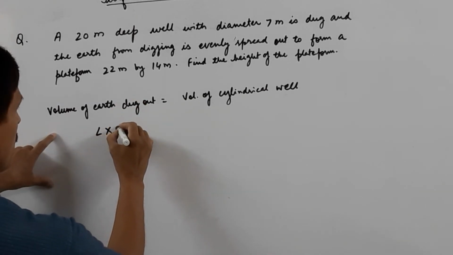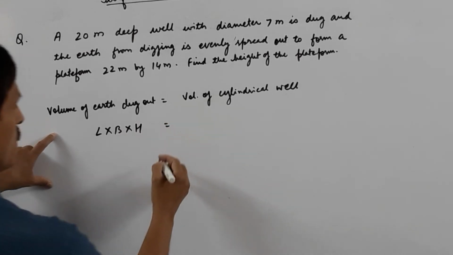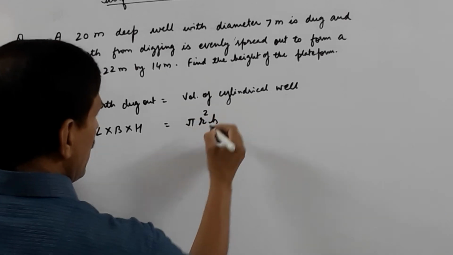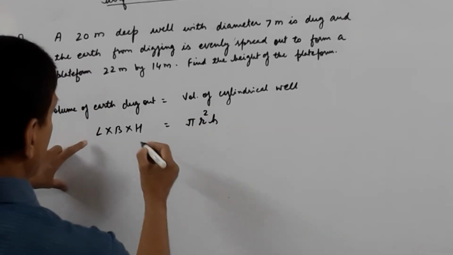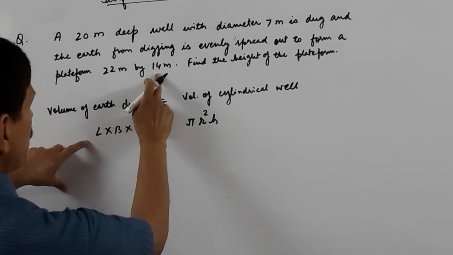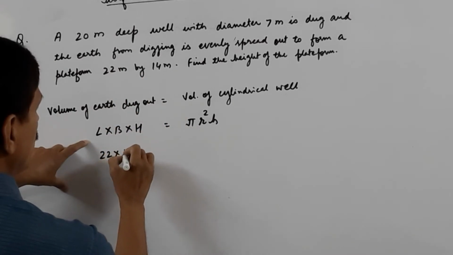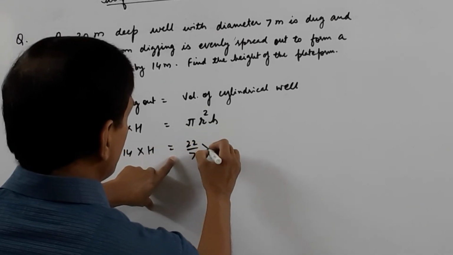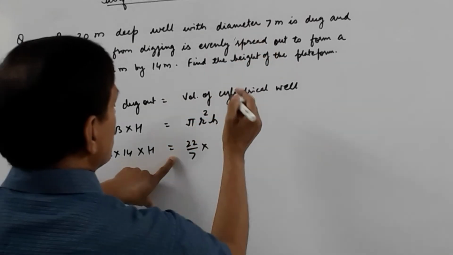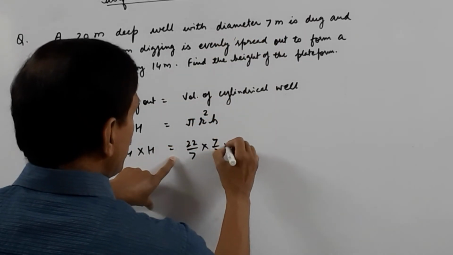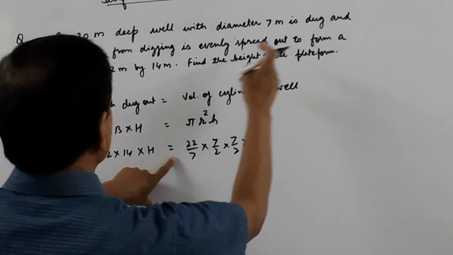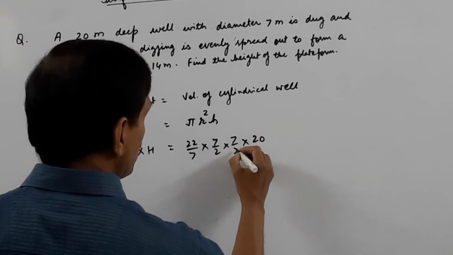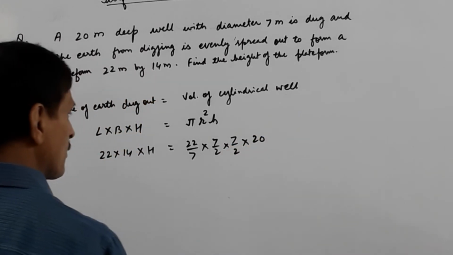As the earth dug out is spread evenly to make a cuboidal platform, its volume is L into B into H, equal to the volume of the cylinder, which is pi r square h. Length and breadth are given, 22 into 14 into H is equal to pi, which is 22 by 7, radius is 7 by 2 because diameter is 7, so 7 by 2 into 7 by 2 into height, which is 20 meter deep, so h is equal to 20 meter.